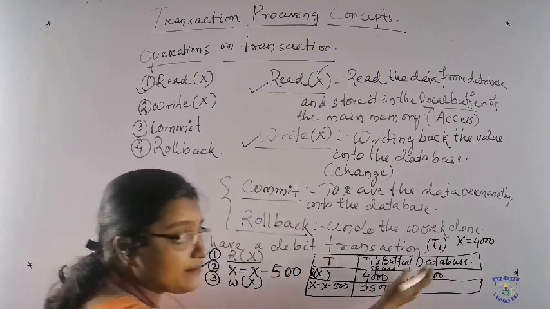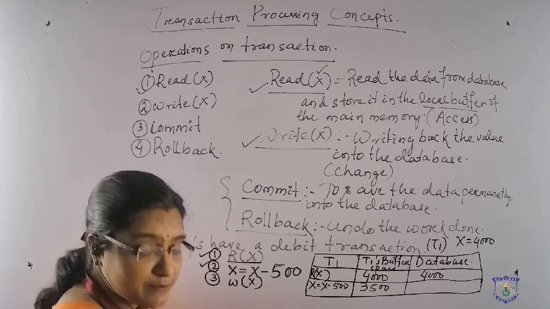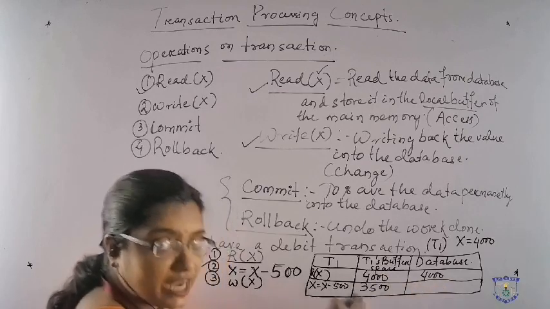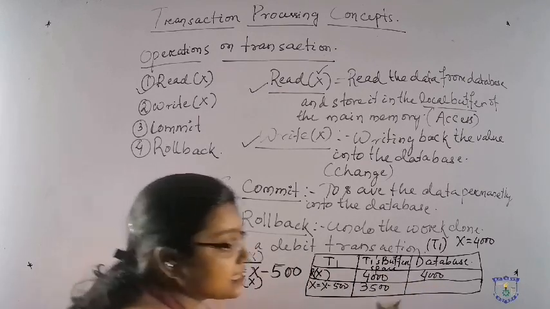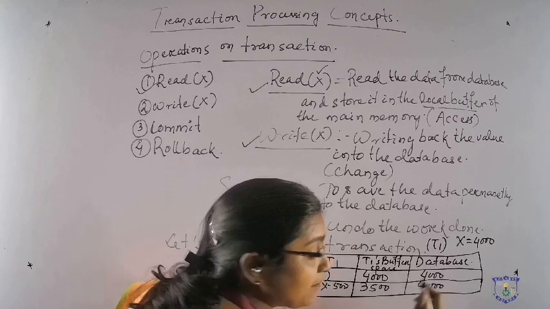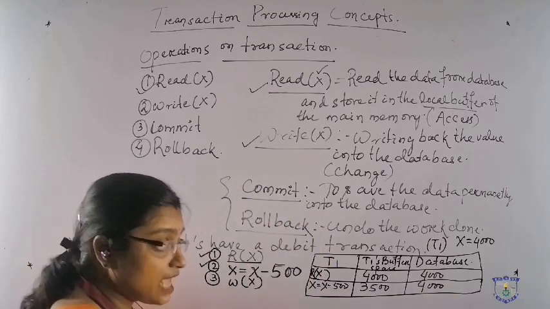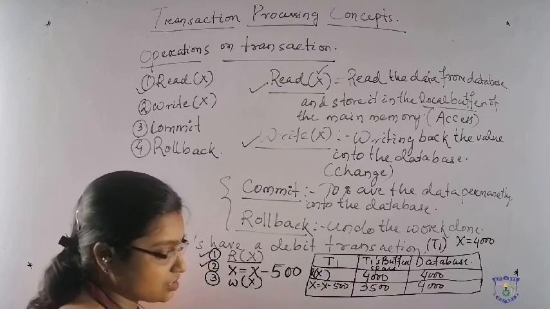Students, can you tell me what the value in the database will be? Will the database value be 3500 or 4000? No, it will remain 4000 as it was previously. Why? Because till now we have not done any write operation. We have done only the read operation. So no change.